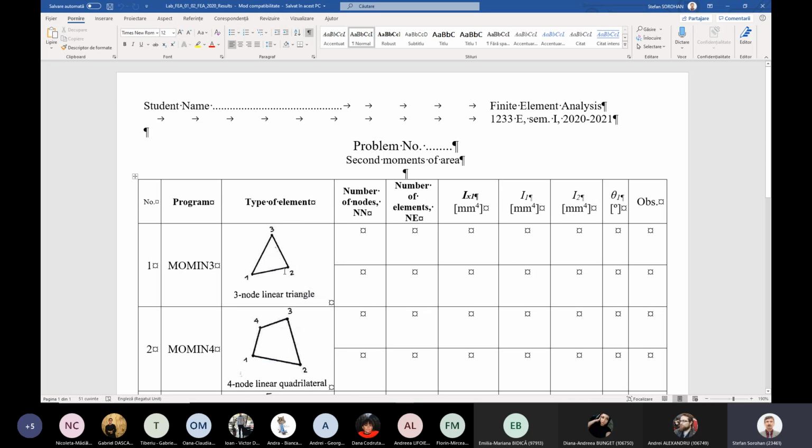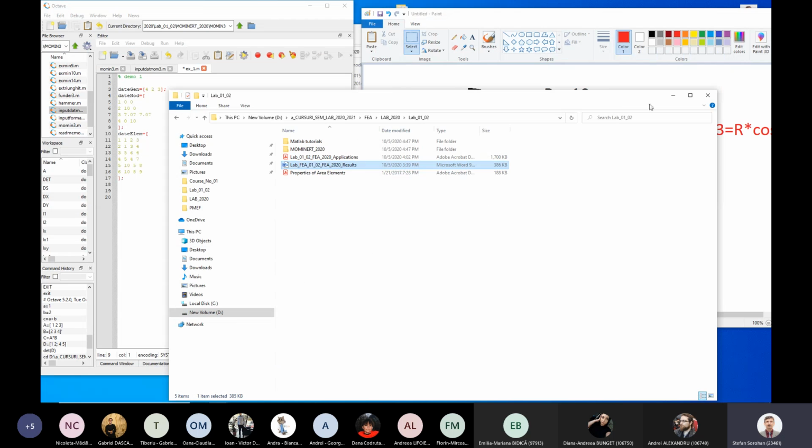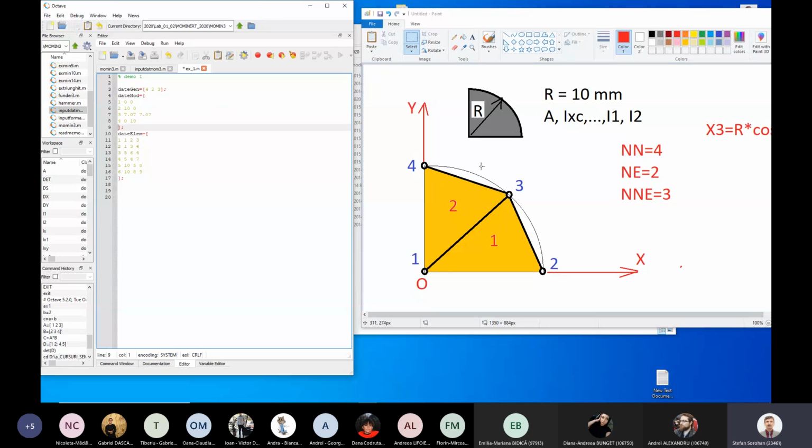We must keep the counterclockwise direction, generally X rotated to Y axis. So for element number 1, I have 1, 2, 3, or you can start with 3, 1, 2, or 2, 3, 1, but not 1, 3, 2, because this is clockwise.